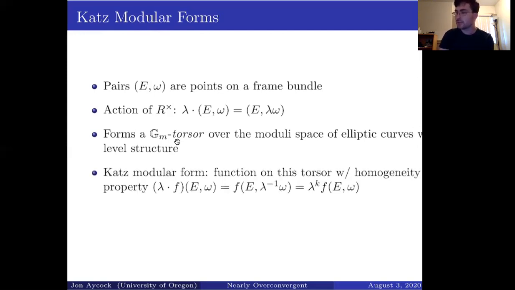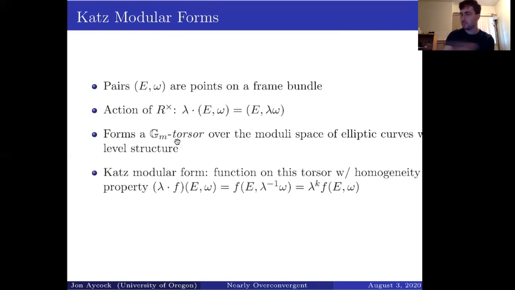And a Katz modular form is just a function on this torsor. And if it has weight k, then it has this homogeneity property. If I act by lambda on f, lambda being some unit, what that's going to do is it's going to undo the action of lambda on the input. So since lambda would scale omega, we're going to unscale omega by lambda.